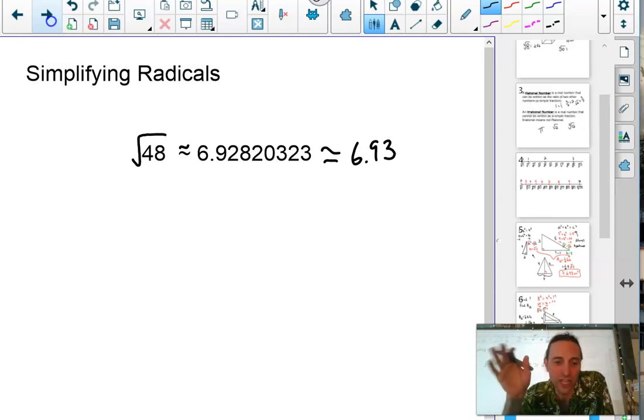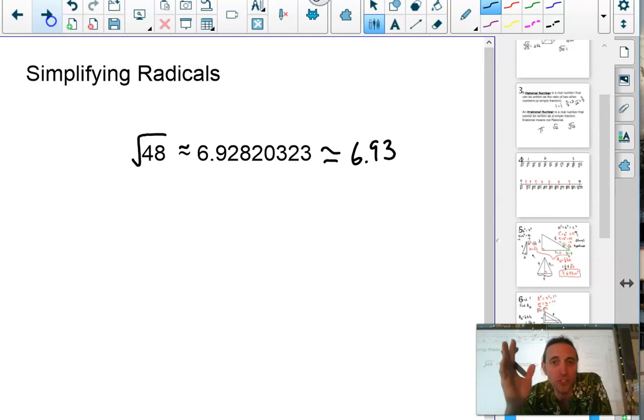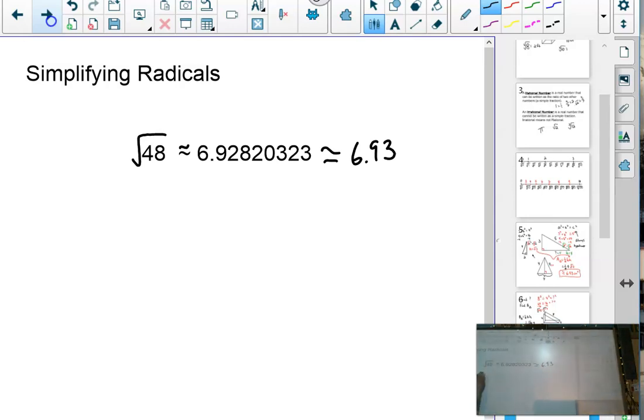What mathematicians have done is they said, let's simplify these radicals. Let's take a base root, which is prime numbers multiplied together, and factor everything out and then simplify it. I'm just going to give you a short example. The square root of 48 is really two numbers multiplied together: the square root of 16 and the square root of 3.